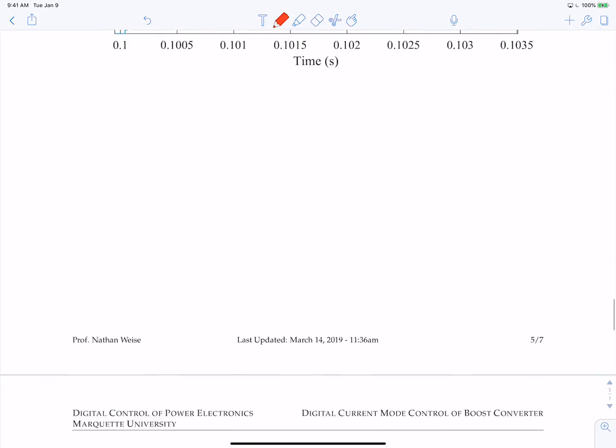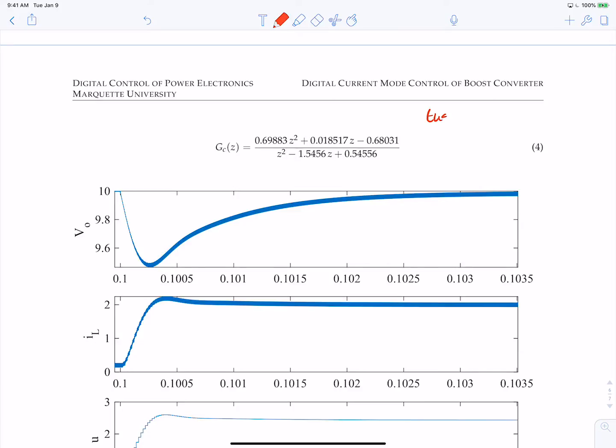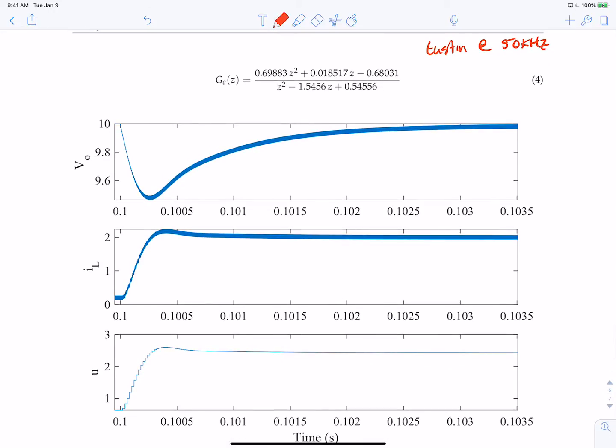Okay, so let's look one step further, and let's look at the Tustin at 50 kilohertz. And you can see, ooh, this is almost the best one of them all. Essentially, IL star is going right up to what you need. It overshoots just ever so slightly.